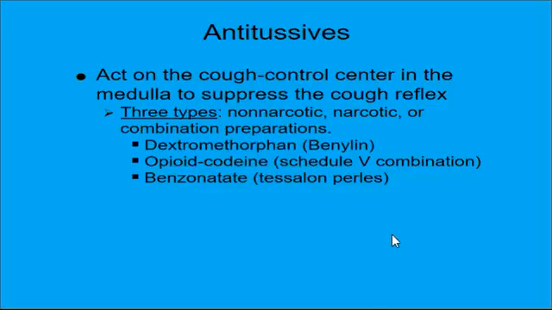The 3 different types may or may not have a narcotic in it. Dextromethorphan you should be very familiar with. It's in almost all the over-the-counter cough remedies that you can find. Opioid codeine. Codeine is a great cough suppressor.